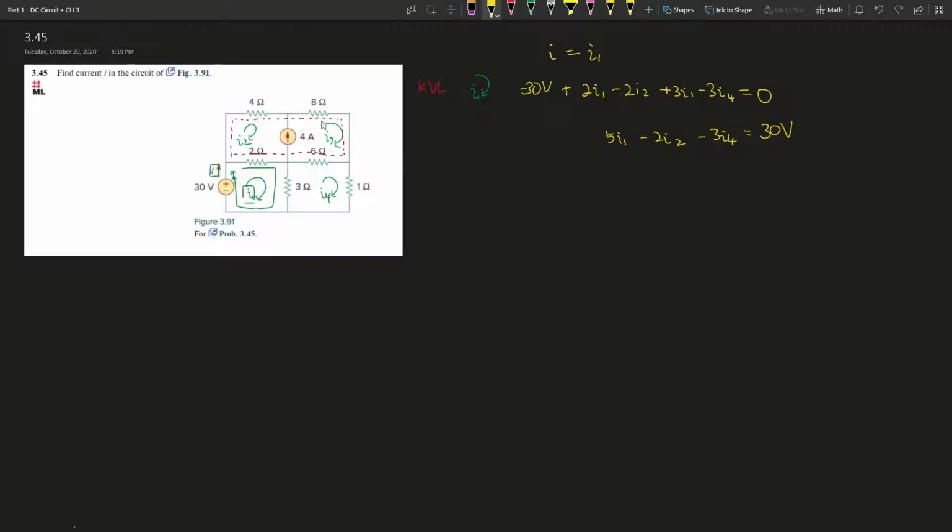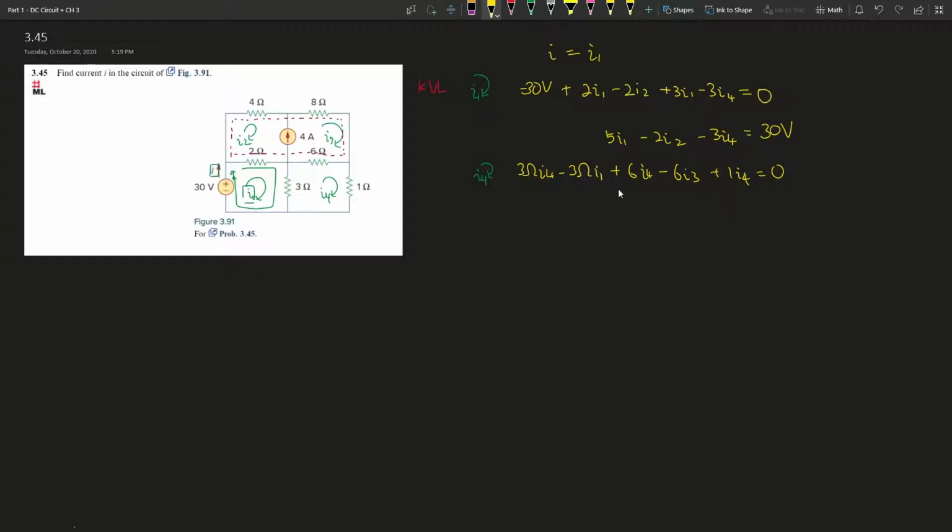All right. So now let's do the I4, mesh 4. It's another independent mesh. So from the bottom right corner, we turn clockwise. So we have 3 ohm I4 minus 3 ohm I1. I'm not going to write the ohm next because it's confusing. Minus 6 I3, and then plus 1 I4, right?